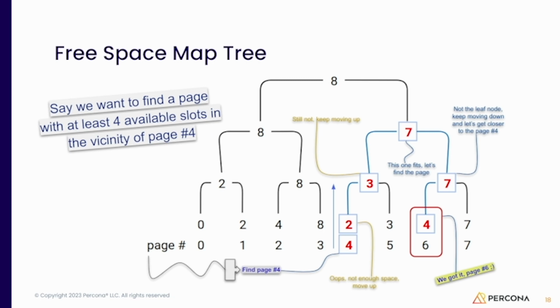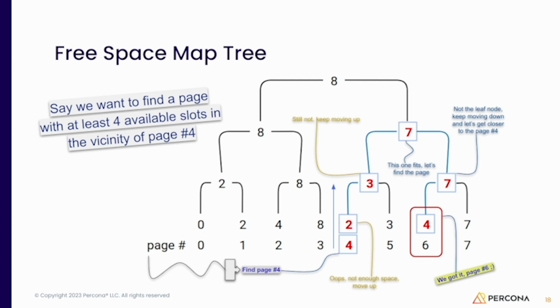So what the database does is it goes to the free space map and starts looking from the leaf page. Which is the next one that has 4 available spots? Well, in my case, this one has 4 available spots. And then it goes up the tree. This one on that same leaf doesn't have; it has only 2.